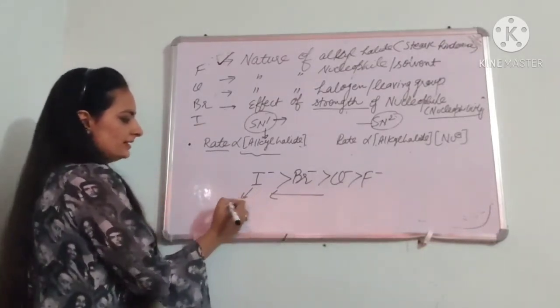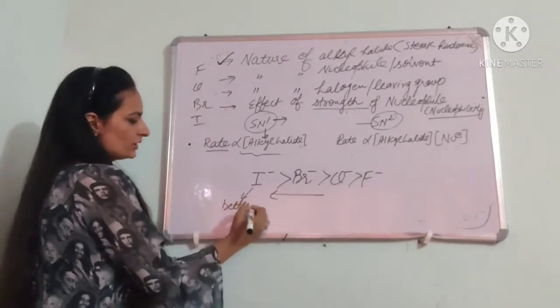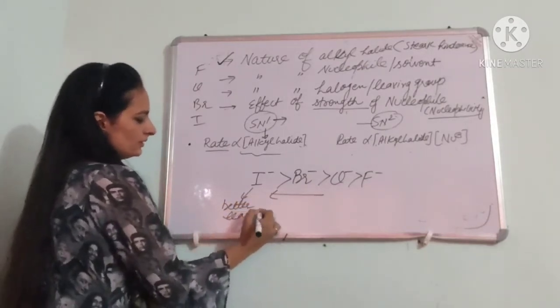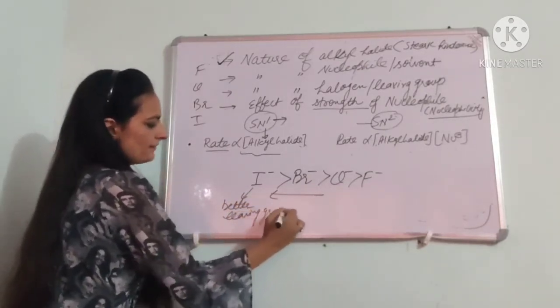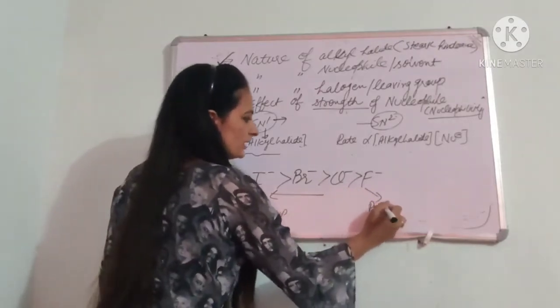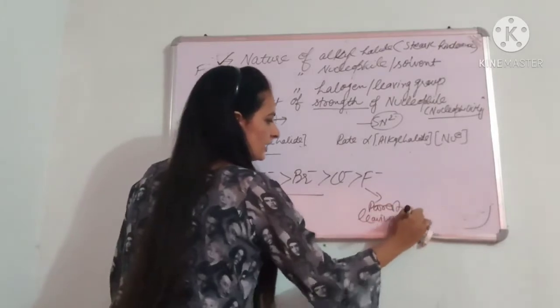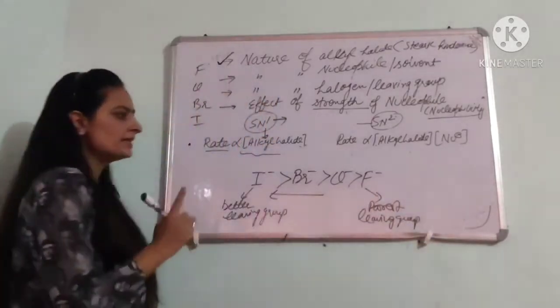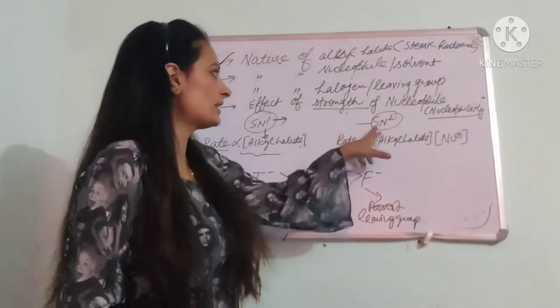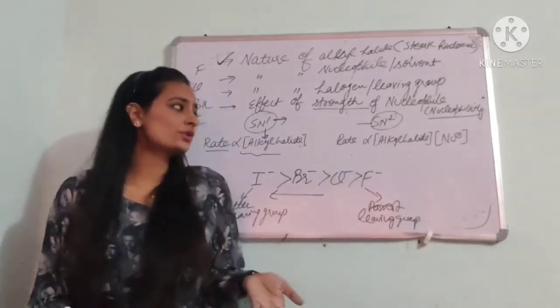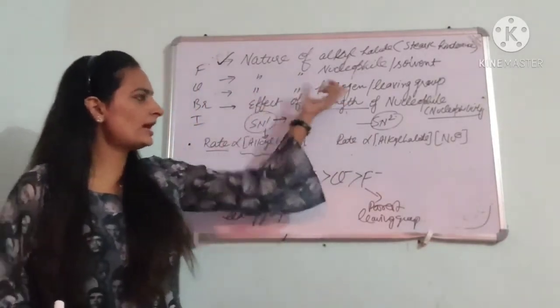So this is the best leaving group, and F negative is the poorest leaving group. The same trend remains in case of the SN2 reaction, because SN2 also depends upon the nature of your halogen.